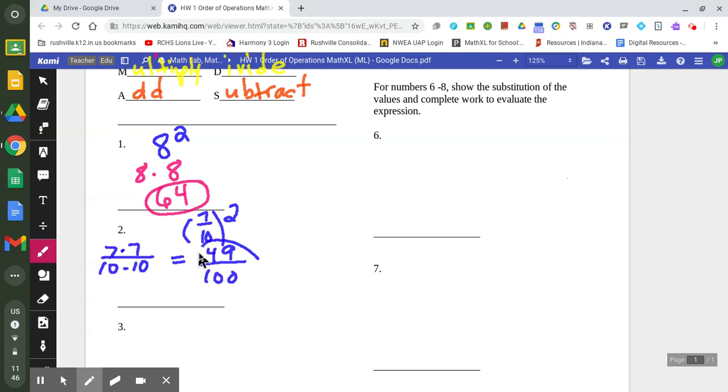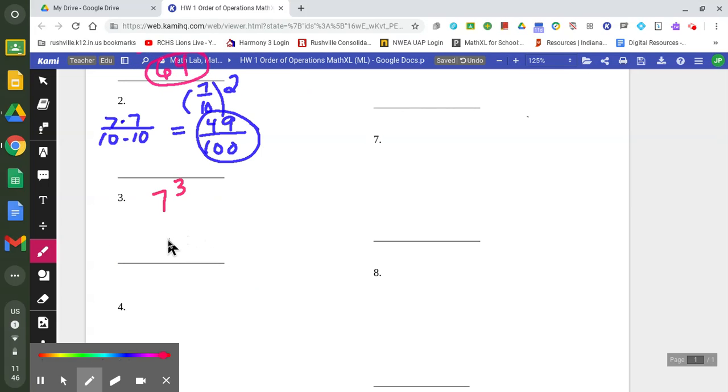That cannot be reduced, so that is my answer. Number 3 may look something like 7 to the third. So the work you are to show would be that this means 7 times 7 times 7. So then we put that in the calculator and we get 343.